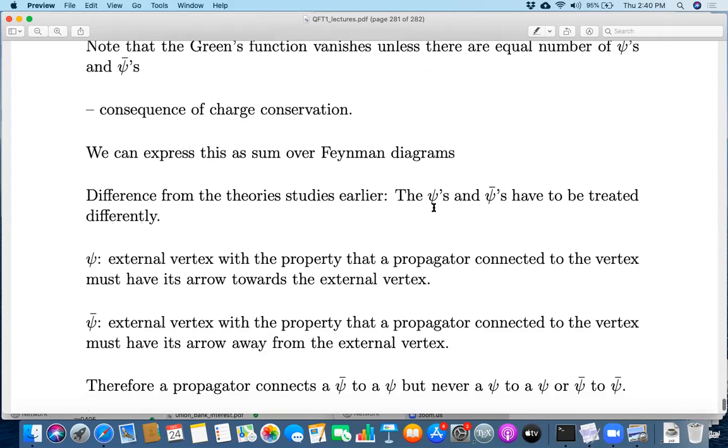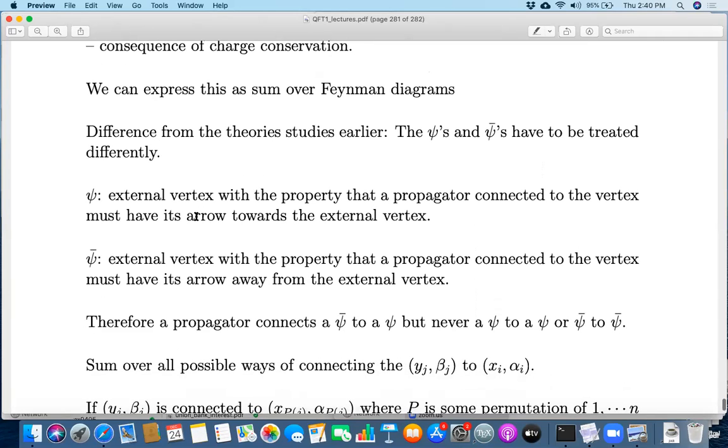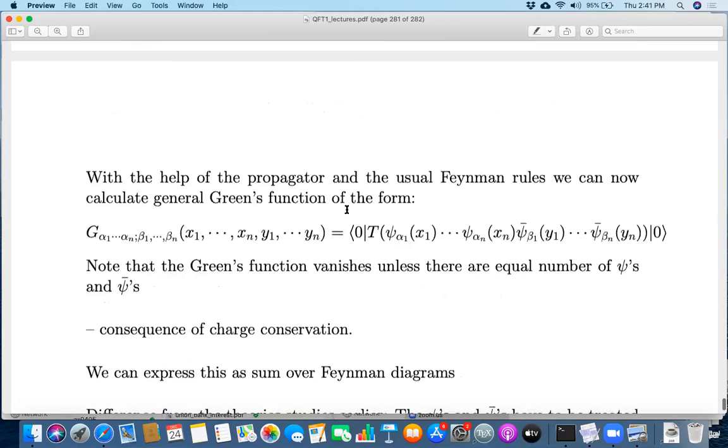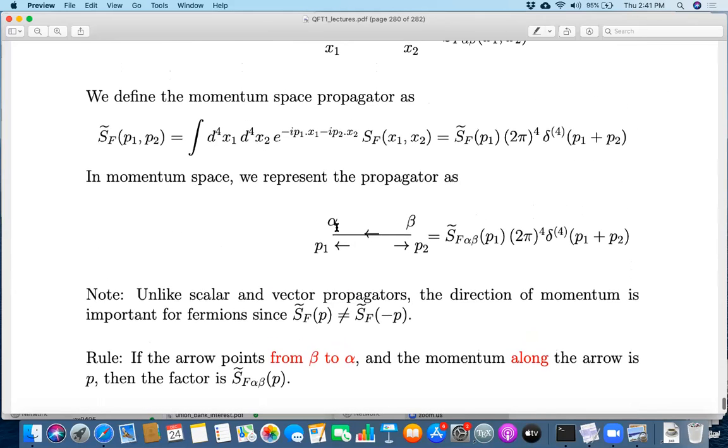So the only difference is that the psis and psi bars have to be treated differently. How will they be different? Psi will represent an external vertex with the property that a propagator connected to the vertex must have its arrow towards the external vertex. That basically follows from this: the end towards which the arrow is directed is the psi end, and the end from which the arrow comes out is the psi bar end.